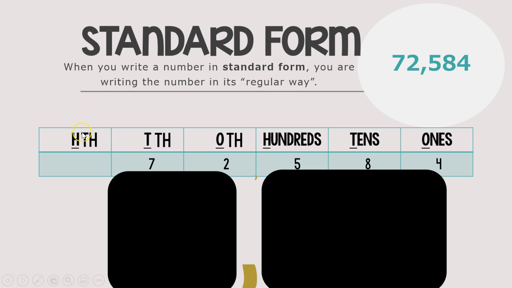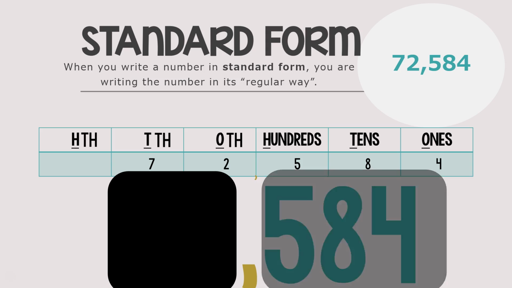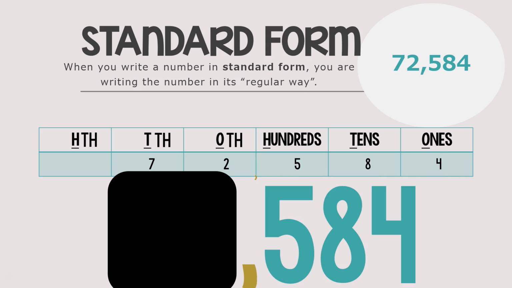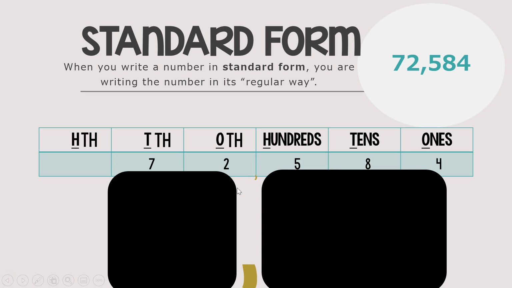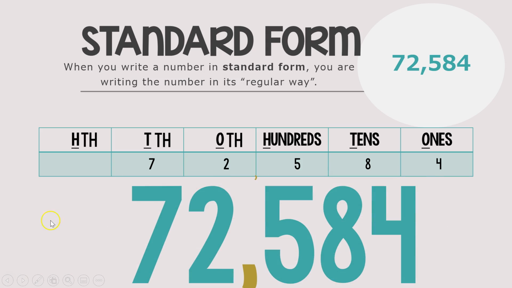So we had 72 and then thousand. Now I'm going to look at the numbers in my ones period, and I'm going to read it. 584. So when I put this all together, I'm going to say 72,584.